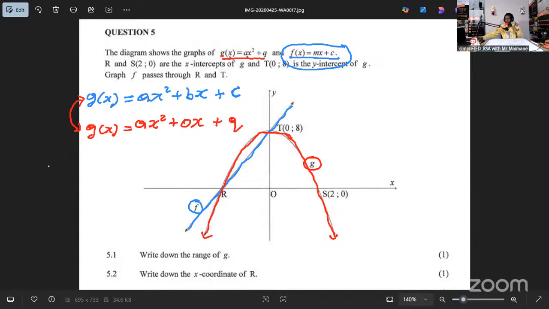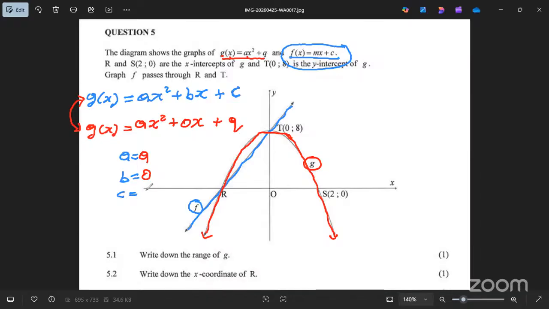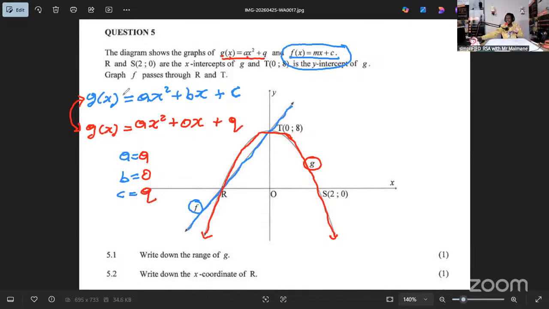So we would say a is equal to a, b is equal to 0, and c is equal to what? Anyone? Q. So we are matching based on how the quadratic is supposed to be.